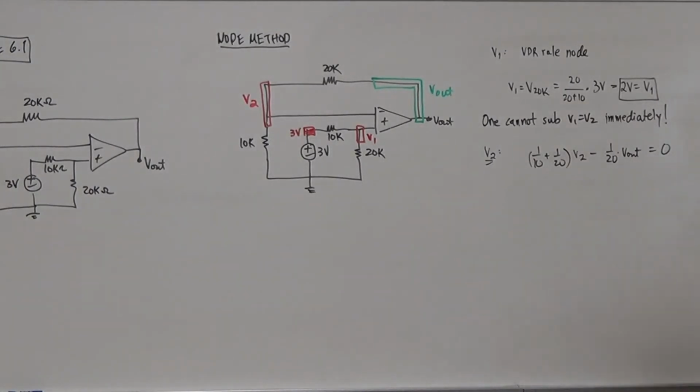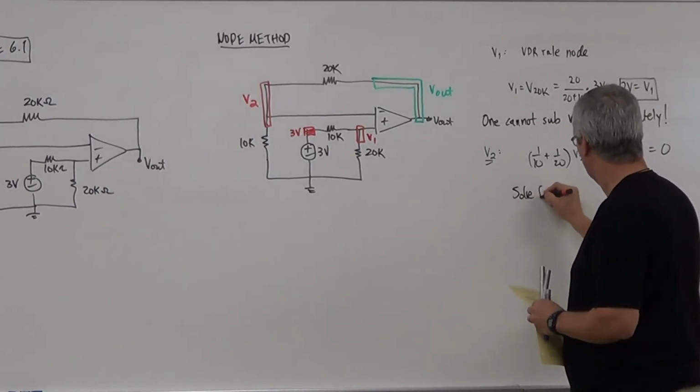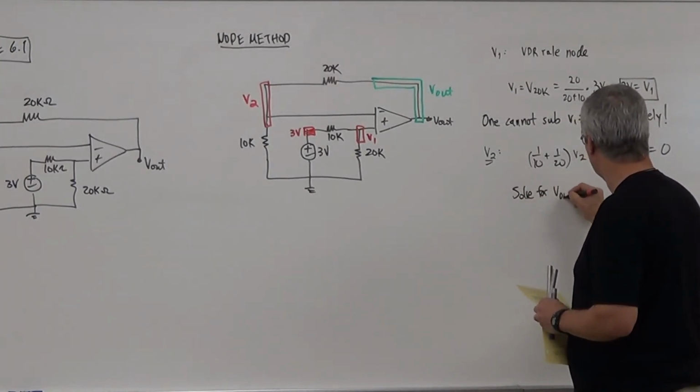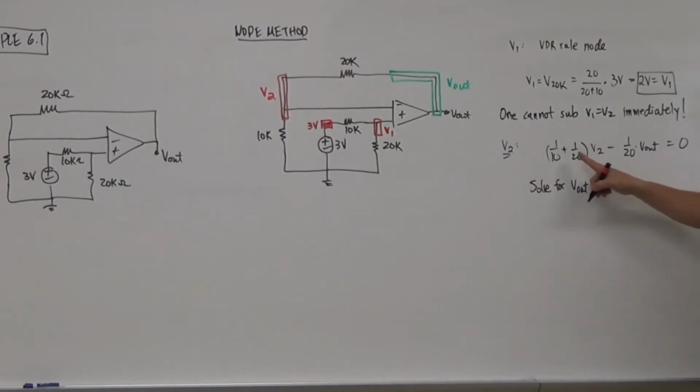So right away, what you're seeing here is that if I now solve for V out, look what I'm going to do. I'm going to bring this over, then I'm going to multiply both sides by 20, which will give me 20 over 10, which will give me 2, plus 20 over 20, which is 1, so I should get 2 plus 1, which is 3.